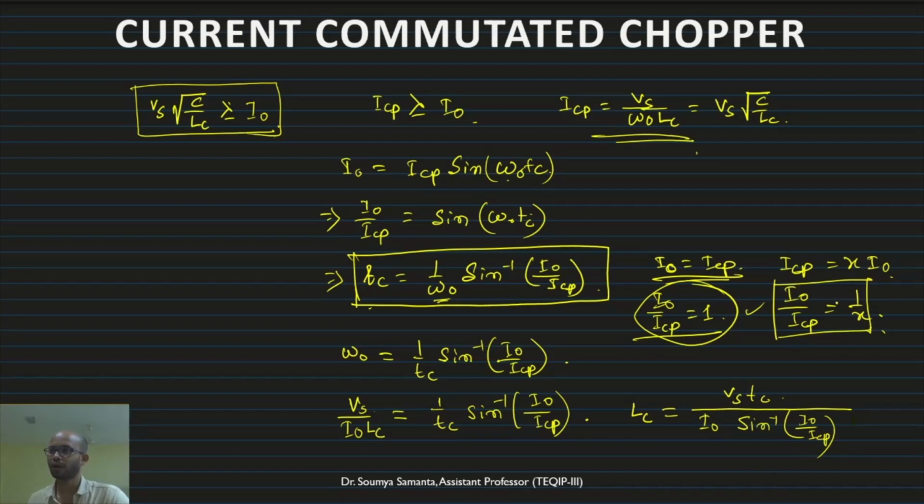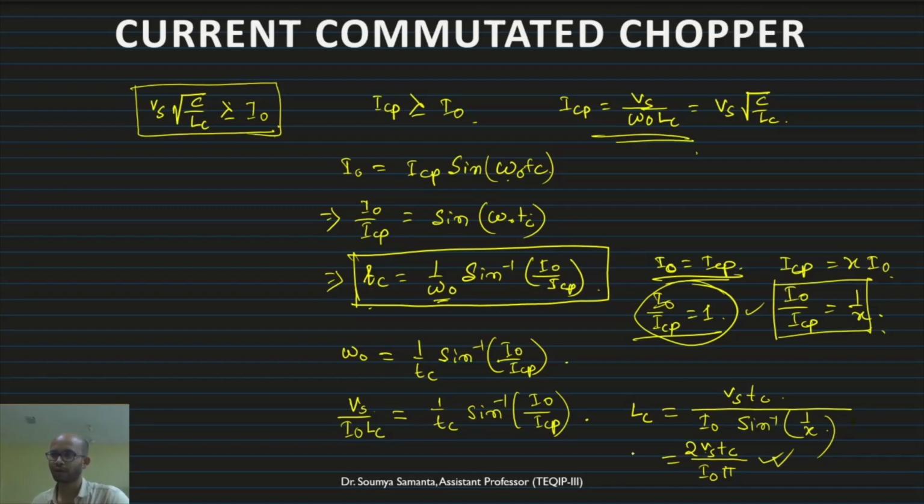Now this is 1 by x, so we can put 1 by x here, or if it is 1, then this will be pi by 2, so we can write Vs into Tc by I naught into pi by 2.